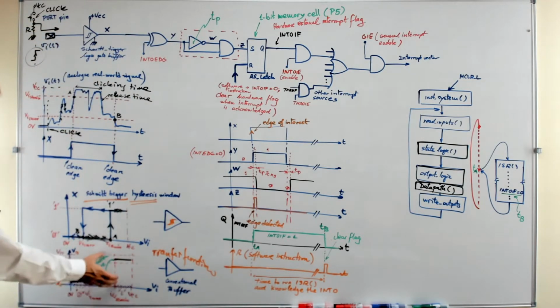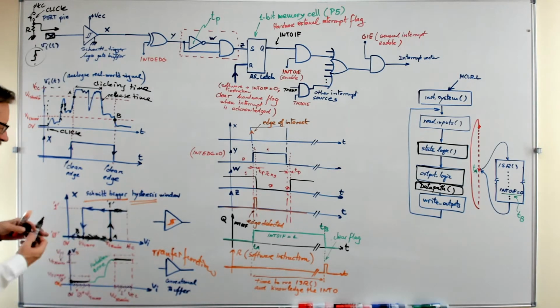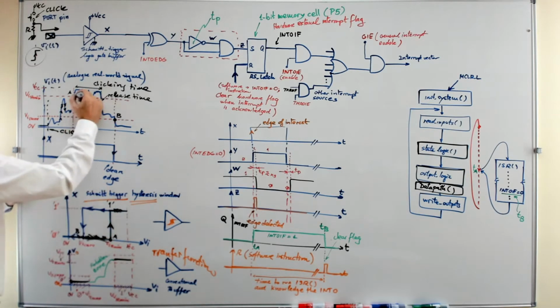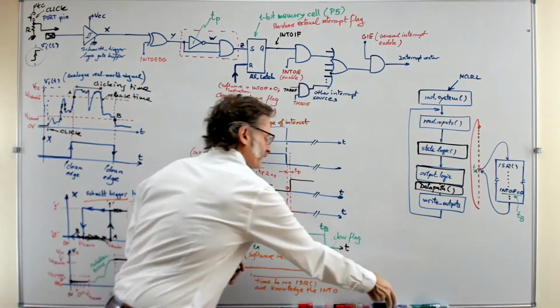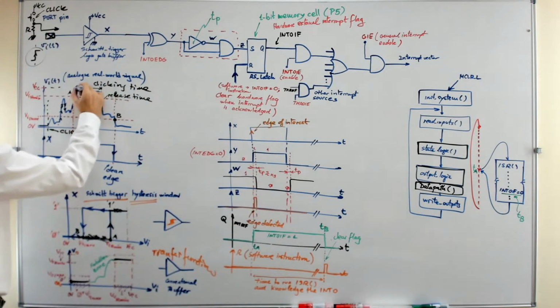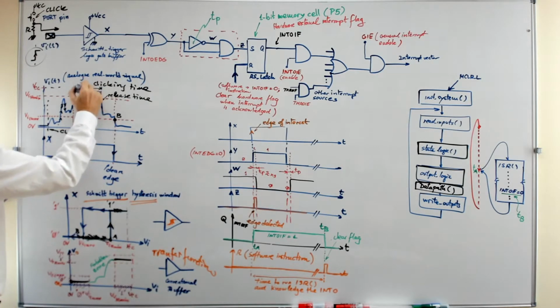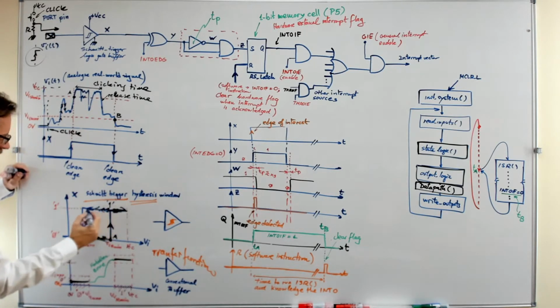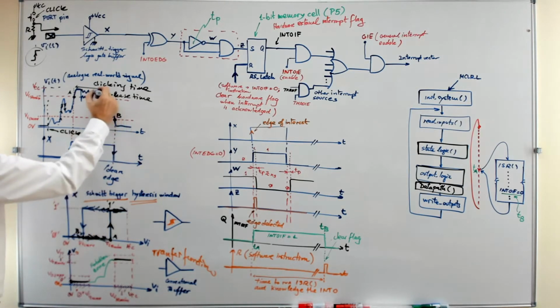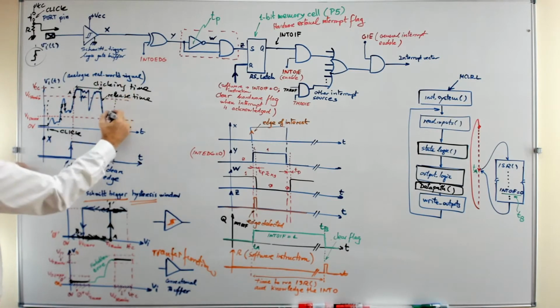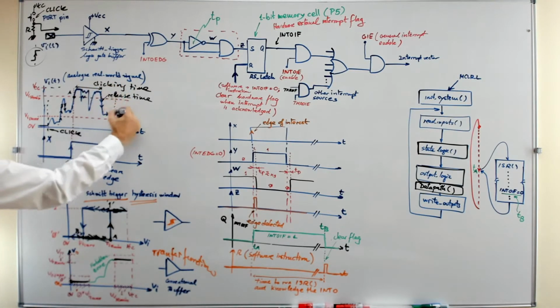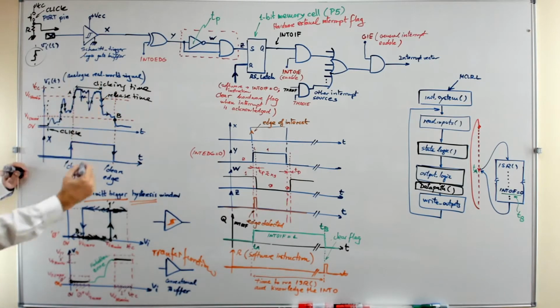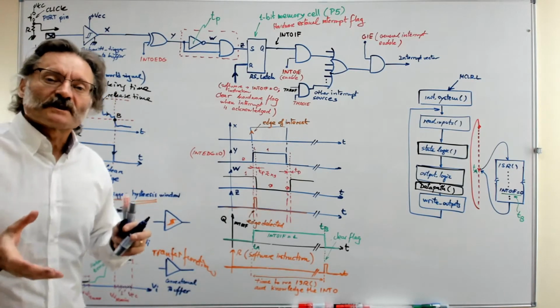But here, if the voltage is evolving in some way, even going upwards up to VCC or going downwards, you keep the 1 down to the voltage that we are naming B. So all this evolution of the input doesn't matter, the signal evolving this way because of spurious noise.